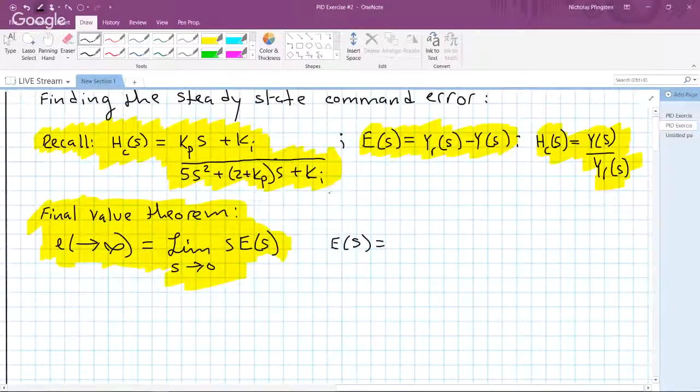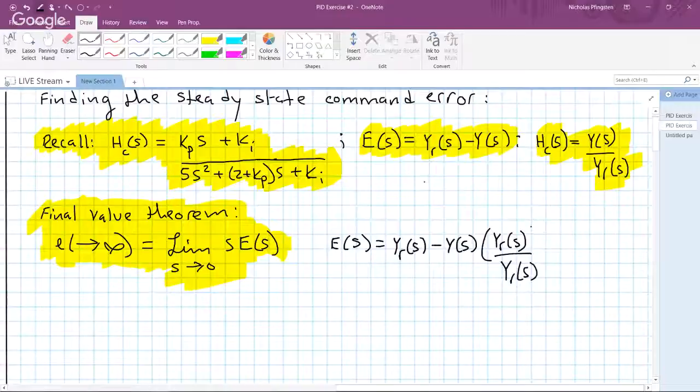I'm just going to do that by multiplying the capital Y of S in the expression by 1. But that 1 will just be capital Y sub R of S over capital Y sub R of S.